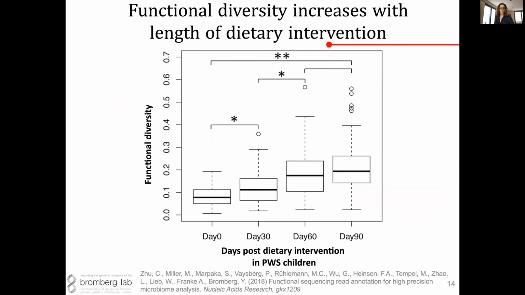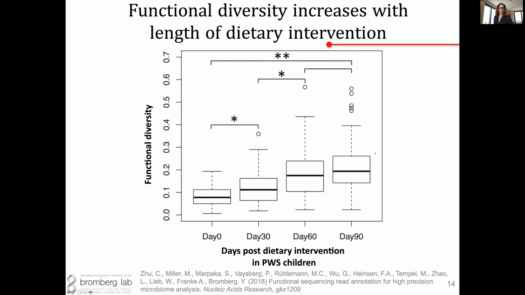We also saw that the diversity of the microbiome corresponded to the overall well-being of the individual. So here we're looking at the microbiota that comes from children that have Prader-Willi syndrome. They happen to be obese. They're being put on a diet. And at day 0, their diversity is minimal, so they all look fairly similar.